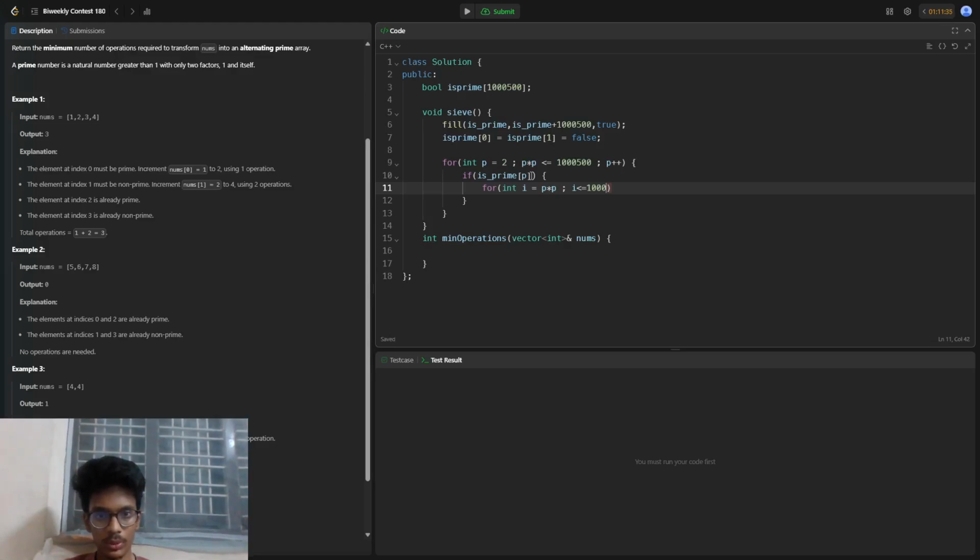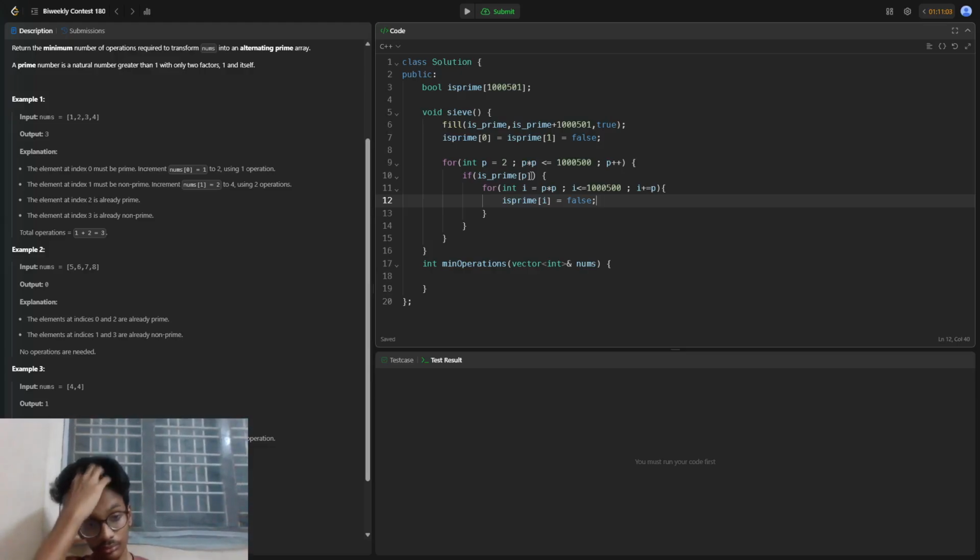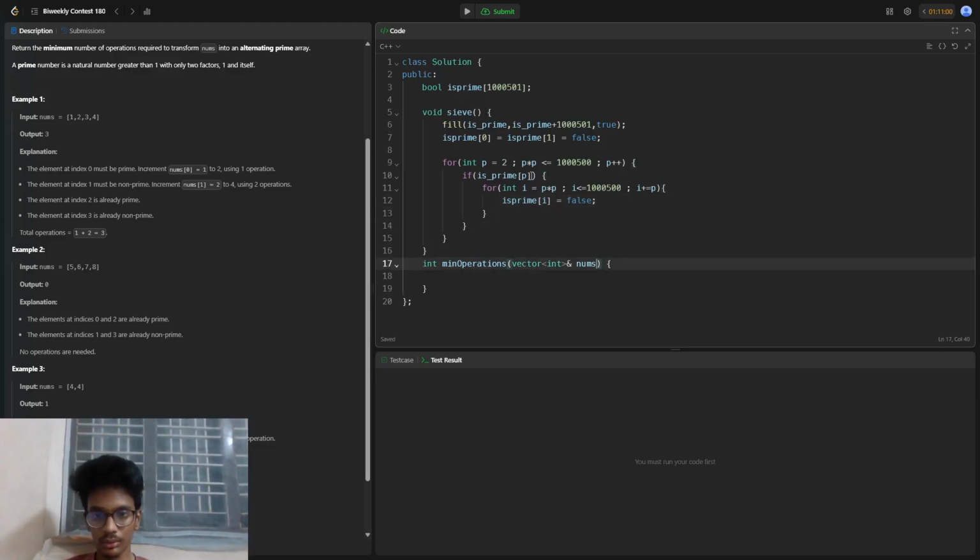So the size would be 1004. Let's take it 1501. This should be 1500. Done. At the end, we have a pre-computation for the primes.